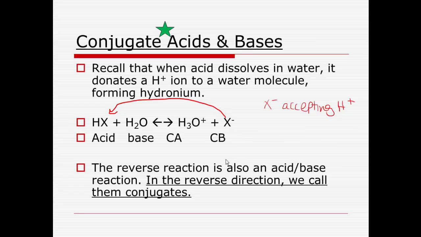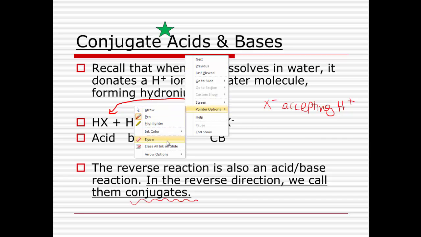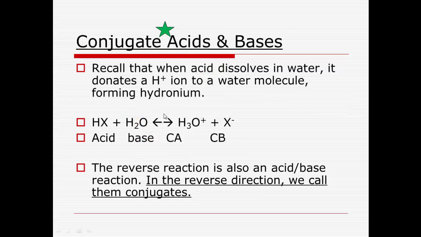So the main idea is if we're talking about the reverse reaction, it's also an acid-base reaction, but we just call them conjugates instead, okay? So X would be the conjugate base because that means it's a base in the reverse reaction, okay? If we consider the water, kind of does the same thing. In one direction, we have an acid losing a hydrogen. In one direction, we have a base gaining a hydrogen.